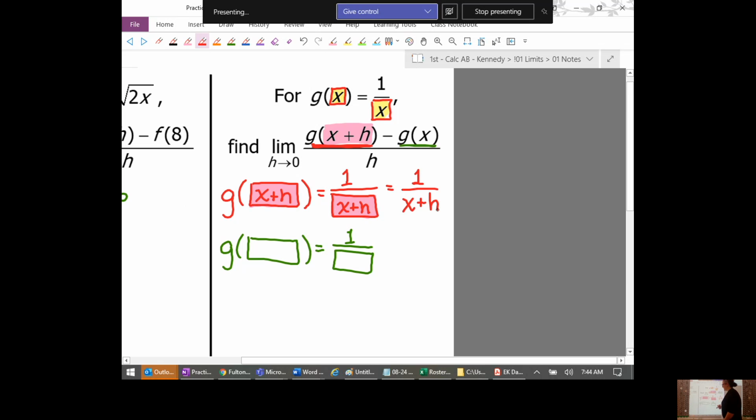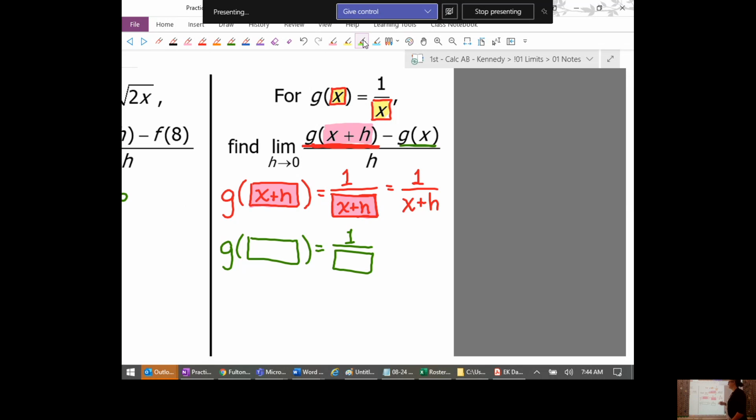Just kind of cleaning that up. So this first term that I've underlined in red is just 1 over a denominator of x plus h. Notice that that h ended up underneath, and that's one of the things the box trick can help you with.